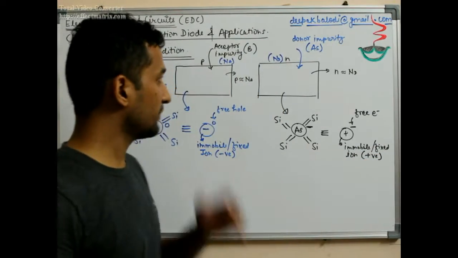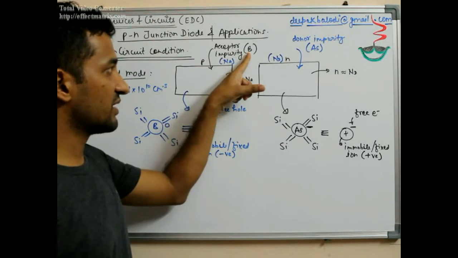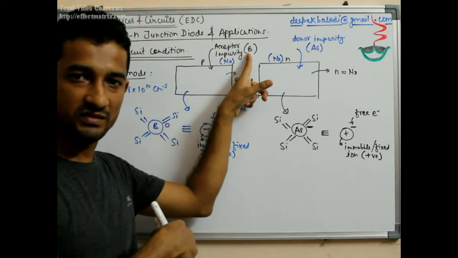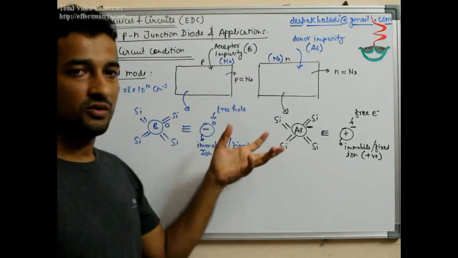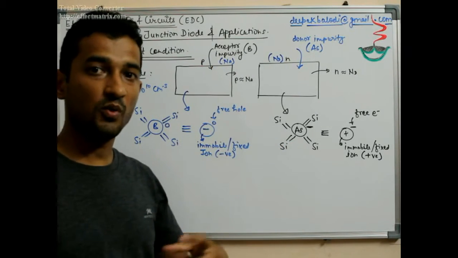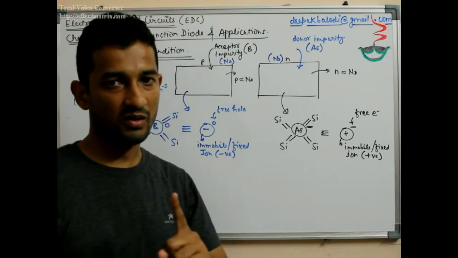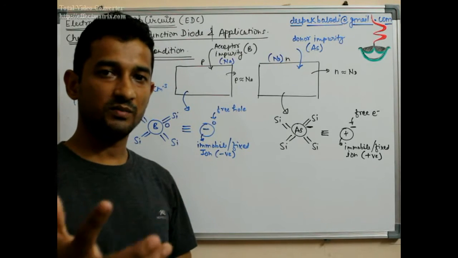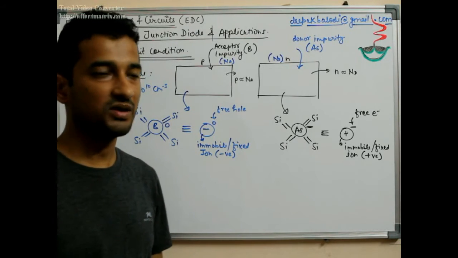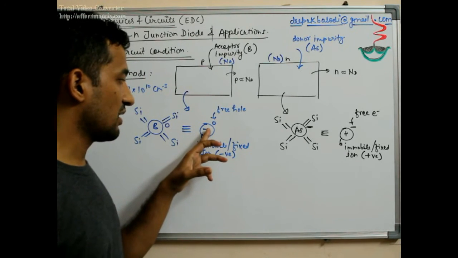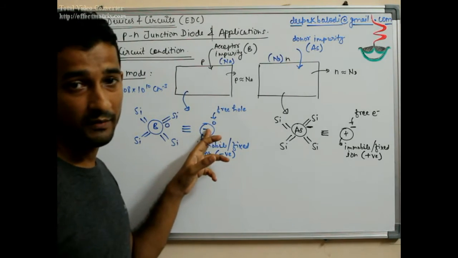So please remember, any acceptor impurity that is either boron or aluminium, in this case I have considered as boron, when it provides or contributes 1 hole, actually it provides a positive charge carrier, that is 1 hole, but once it provides a positively charged carrier, that is hole, then the remaining atom actually becomes an ion, that is a negative ion.